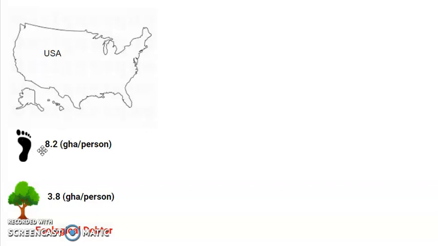For America, it is 8.2 global hectare area per person, and our biocapacity is 3.8 global hectare area per person, which means we can produce this much of resources, but we are using 8.2 resources. It means we are using more than we can produce, and we are an ecological debtor country.